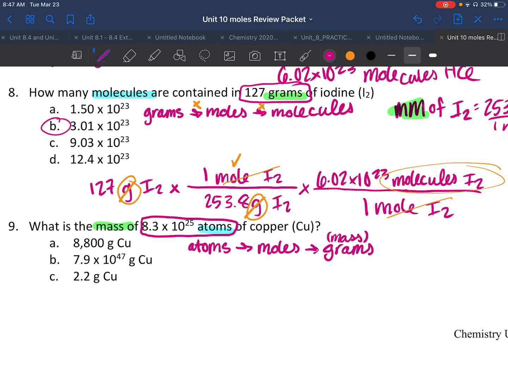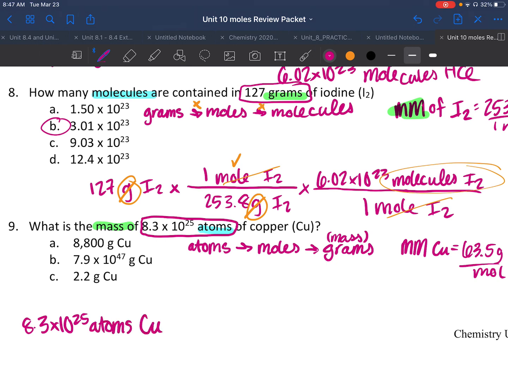So we know we are going to need the molar mass of copper because we need to figure out a mass of it. If you look it up on the periodic table, the molar mass of Cu is equal to 63.5 grams per mole. All right, so let's start with what we know. We know that we have 8.3 times 10 to the 25th atoms copper.